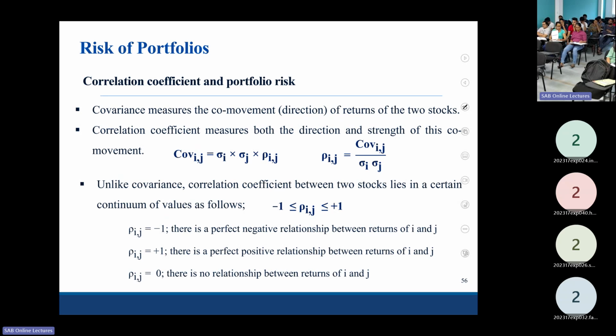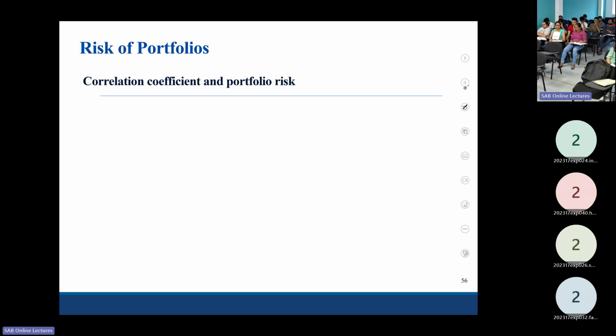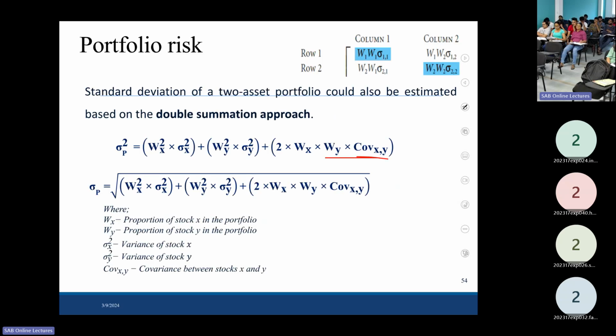Therefore, in the double summation formula, we apply the covariance, covariance between the two stocks' returns. You can rewrite this covariance like this.